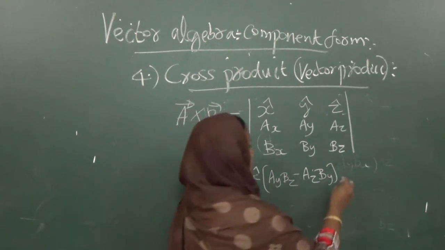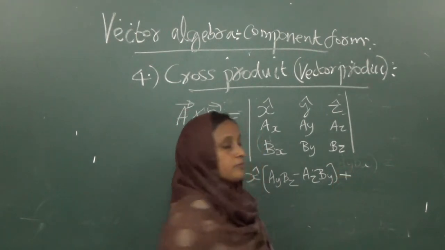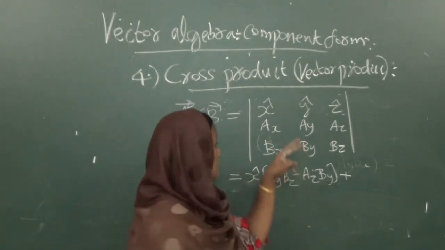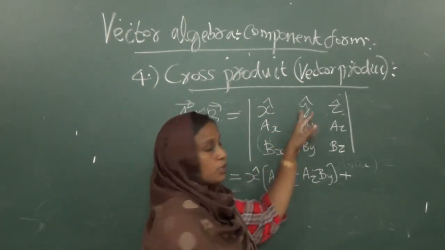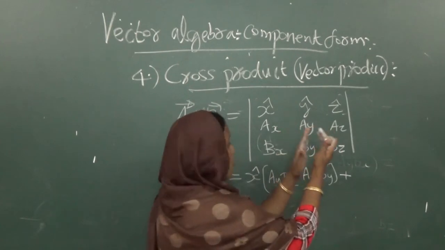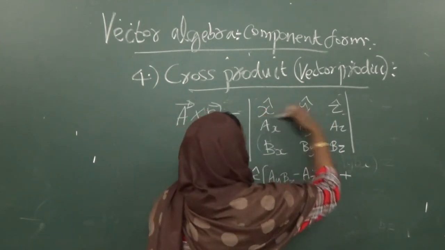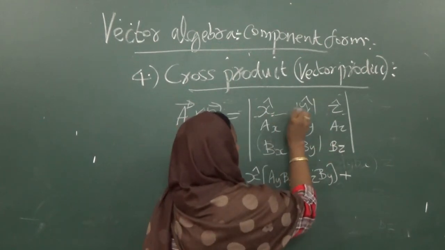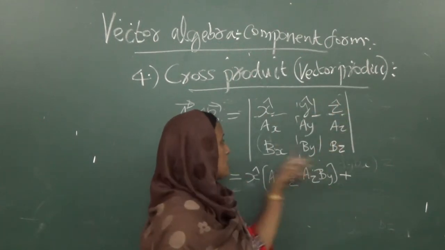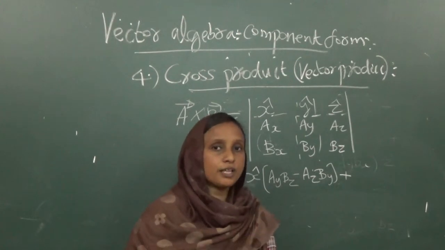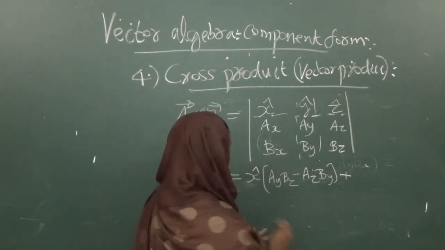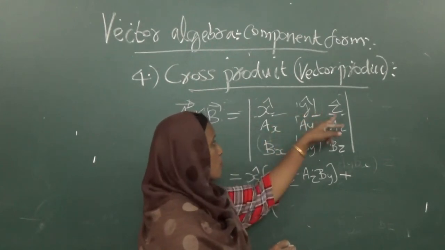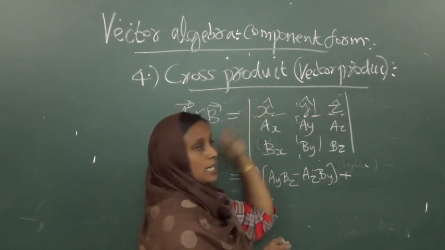Okay? This plus the next component. How to get the next component? The next component is y cap. So we have to remove this column and this row. Removing them, we have only these terms. Using this, we can find out its determinant. For y cap you have to use z cross x.